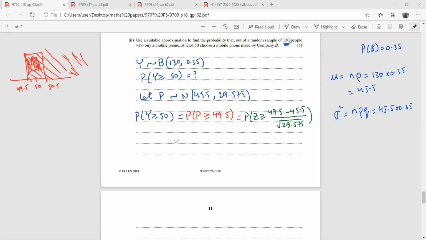So let's calculate this: 49.5 minus 45.5, divided by the square root of 29.575. We have 0.7355. Since there's a greater than sign, I would be writing 1 minus phi of 0.736.